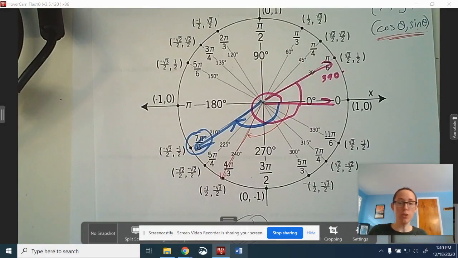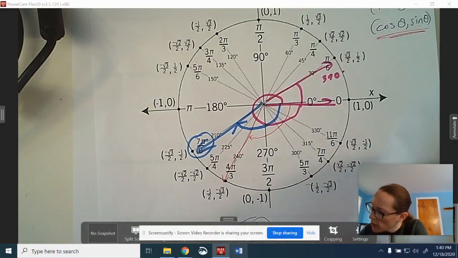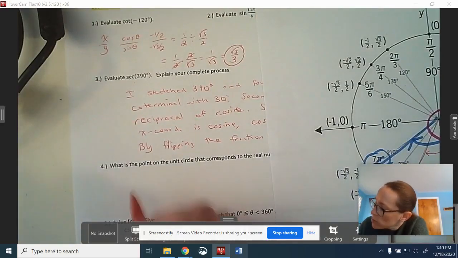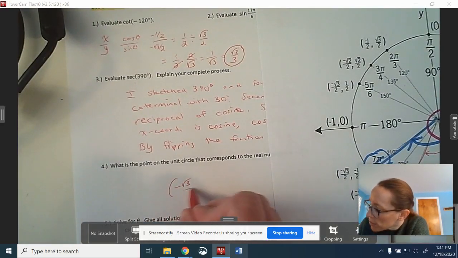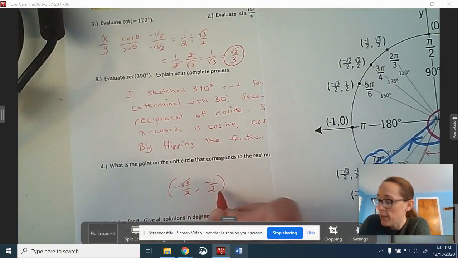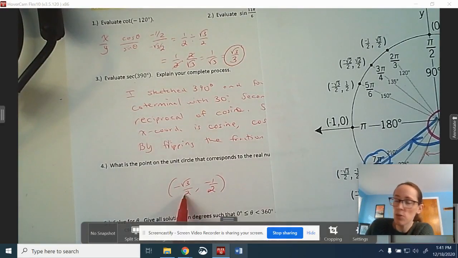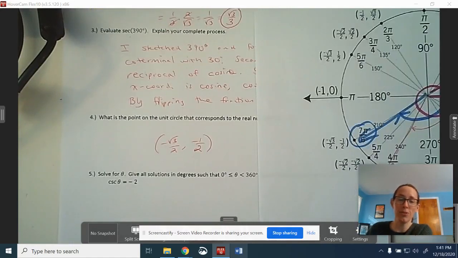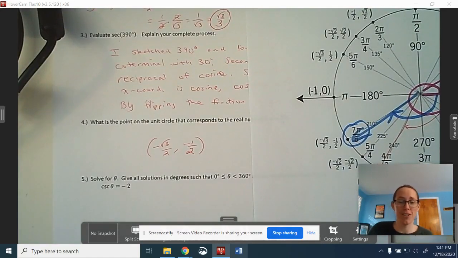So that's what we're going to be using. We wanted the point. So the point is negative radical 3 over 2, negative 1/2. If we wanted cosine, we grab the x coordinate. If we wanted sine, we grab the y coordinate. And then we can use reciprocals or definitions of trig functions to find the other ones if we want to.